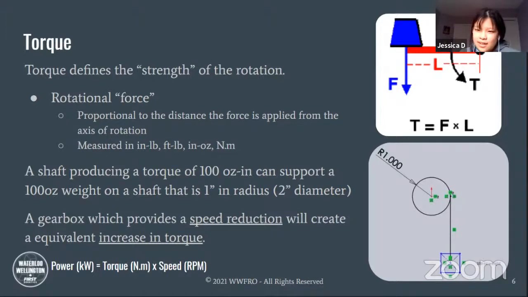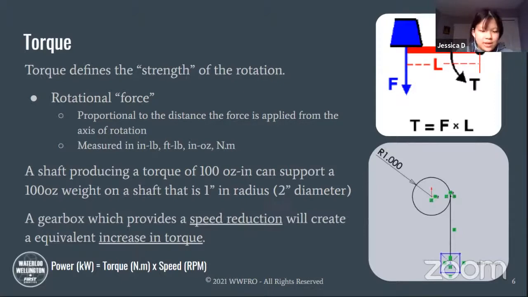The radius of that circle of rotation is 1 inch, and the weight being borne is 100 ounces. So the force times the length, 100 ounces times 1 inch, is going to give you 100 ounce-inches, which is a torque.